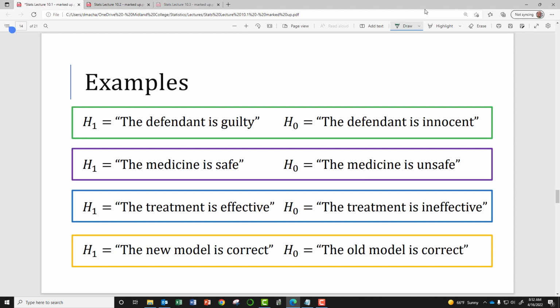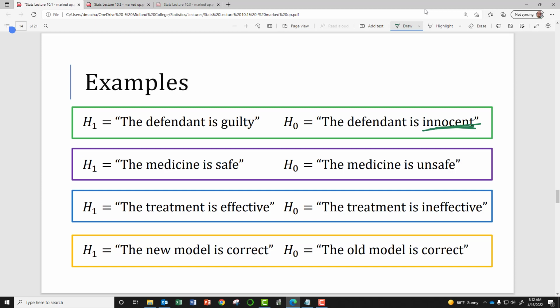In the case of a court case going to trial, the null hypothesis, our baseline assumption, is that the defendant is innocent. So you always are innocent until proven guilty, right, in the justice system. And then the alternative hypothesis, what the prosecutors are seeking to find sufficient evidence for, is that the defendant would be guilty.